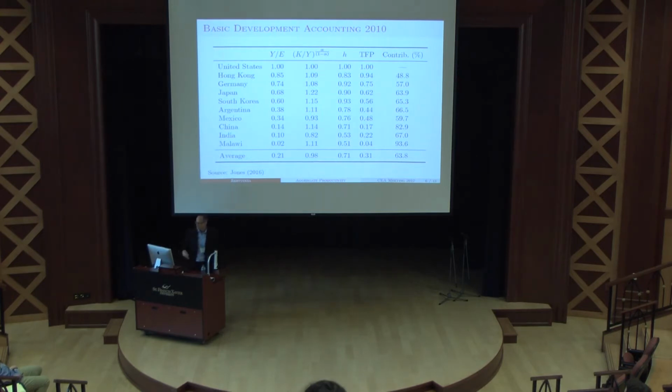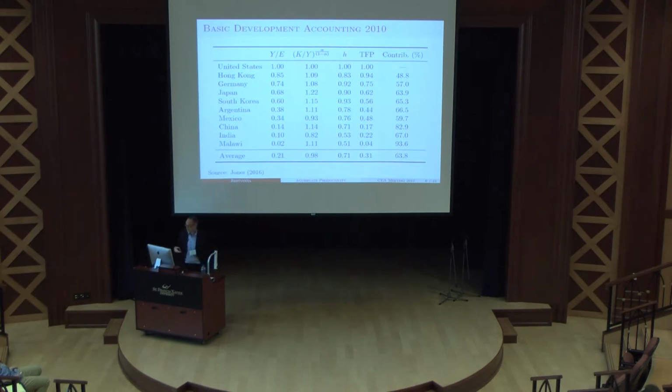So the question is what explains this enormous variation in output per worker across these countries. And in this table, what he does is report the best numbers we have for measures of capital across countries. Here is the capital intensity measure as the capital-output ratio, which is a measure of the contribution of capital accumulation in the production process.